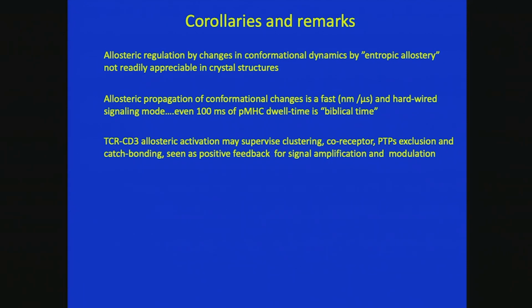There is something a bit magic, but probably understandable in certain terms, that the co-receptor comes only when the receptor has been engaged and is signaling, which makes sense. The exclusion of phosphatases, catch bonding and other things could also be seen as positive feedback and amplification of the signal, a stabilization against what I would call chemical and mechanical noise. A T-cell receptor is living in a membrane which is very populated by proteins. It's completely, totally disturbed.